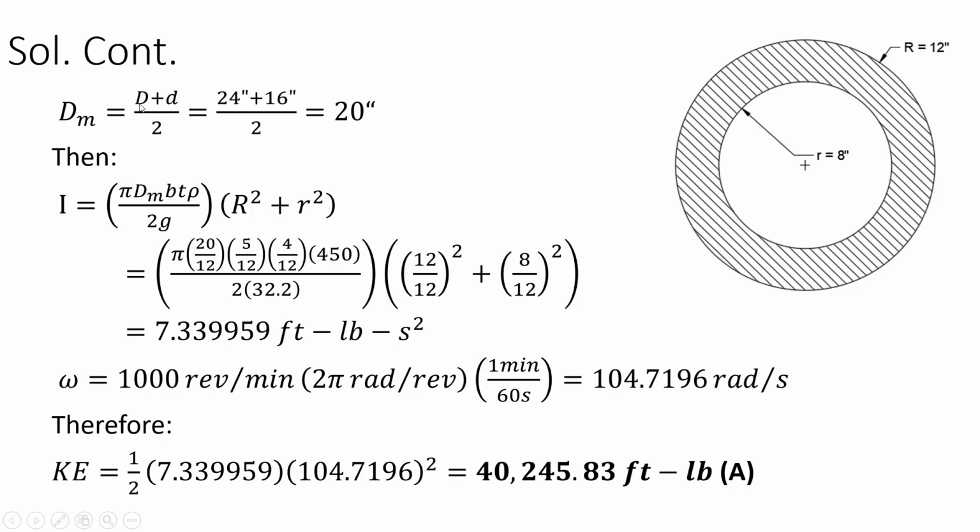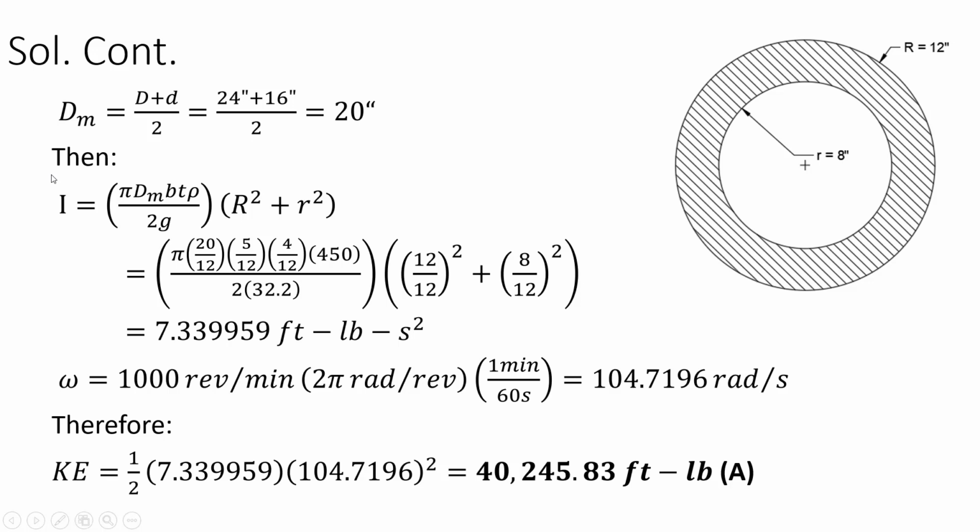Now substituting the values. To get the mean diameter, the outside diameter plus the inside diameter over 2. The outside diameter is 24 inches, and since the inside radius is given, we multiply it by 2 so we get 16 inches. Then we add the internal and outer diameters and divide by 2, so the mean diameter is equal to 20 inches.